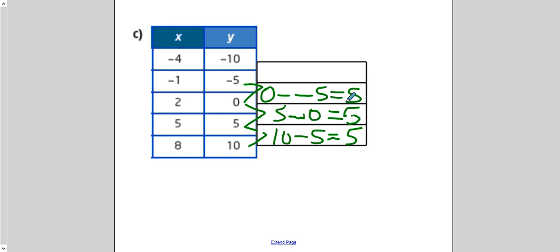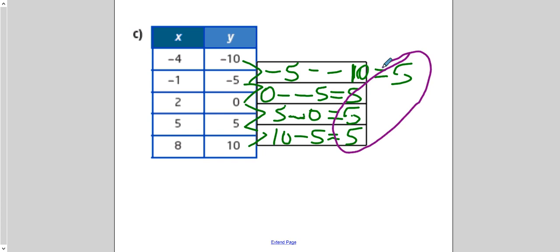So 0 plus 5, which is 5. And then -5 minus a -10. Oh, we got that double negative again, which means -5 plus 10, which is 5. And we can see now we have all the same. We got 5s all around. So this is linear. Awesome.